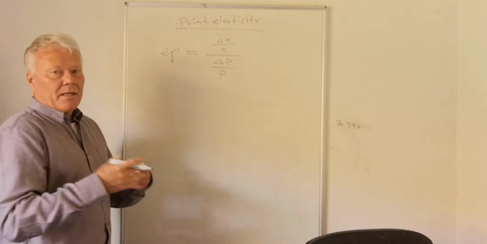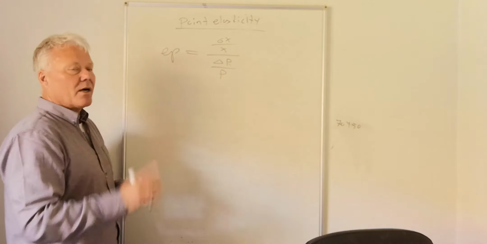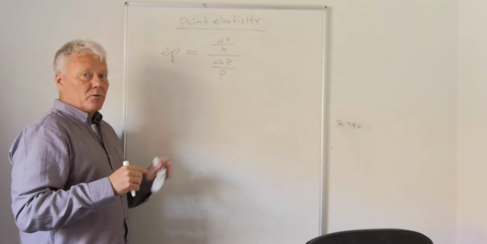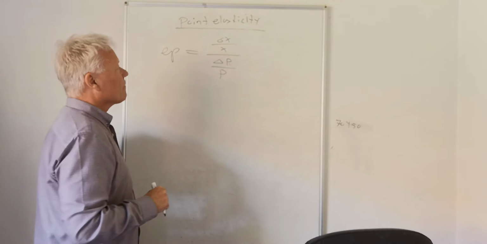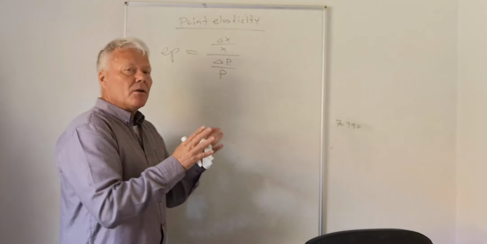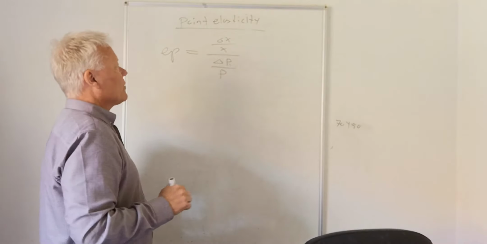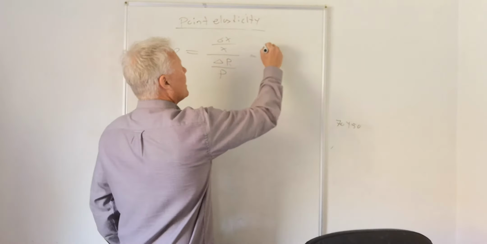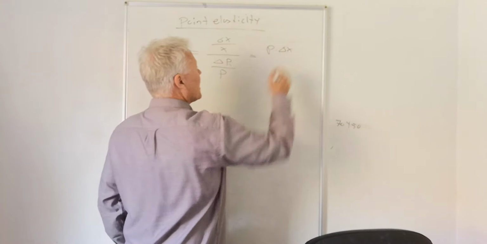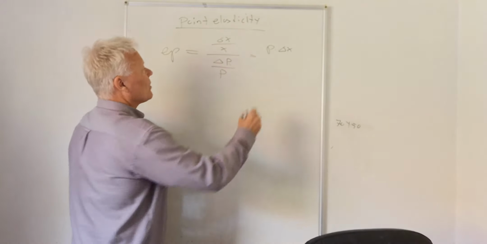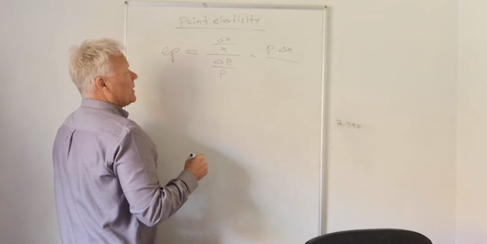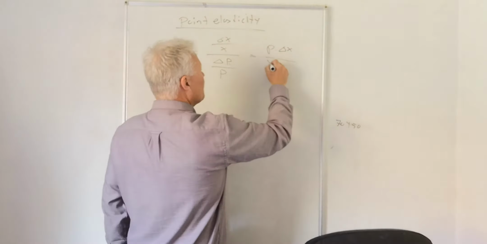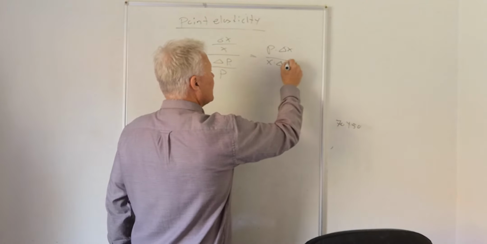And that would normally be a negative number, because if the price rises, the number of units sold will decrease. Okay, from video number 2, we learned a little bit of tricks. So we know that P times the change in X are linked together, and we also know that the change in P and X are linked together. So we have X times the change in P.